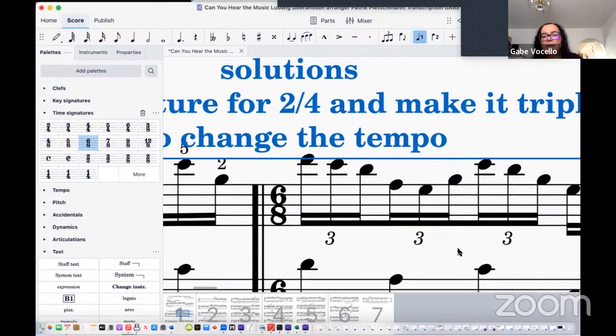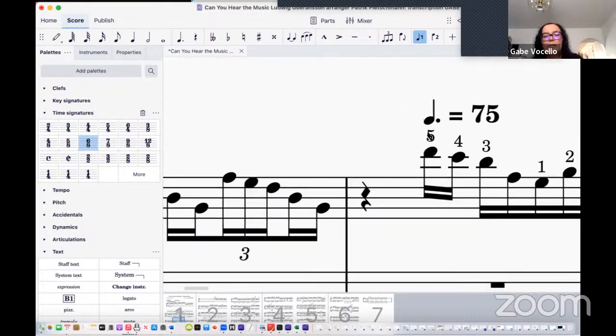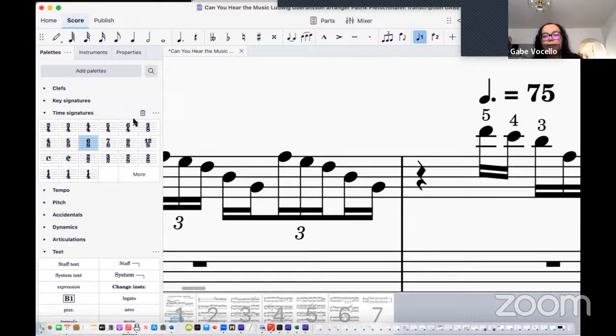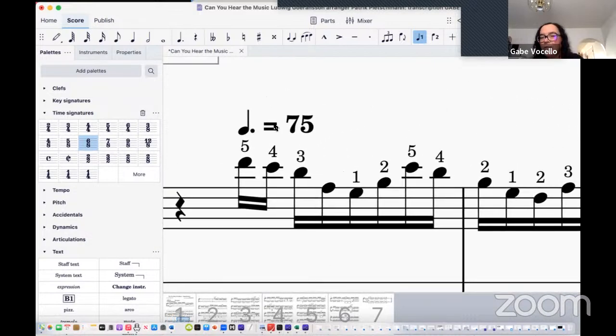How do you calculate? Now the change here is on measure 7. Measure 7, the dotted quarter note is equal to 75.